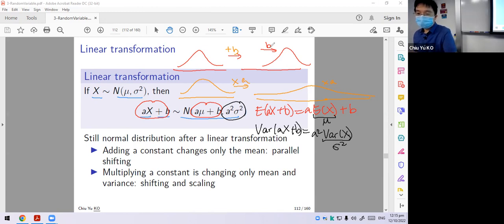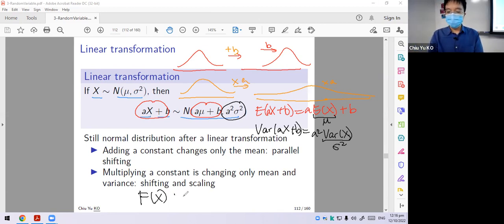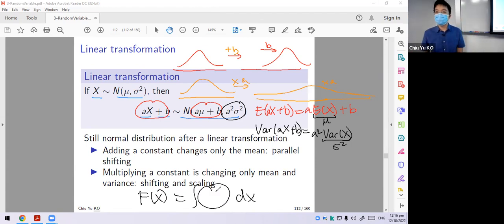And you may ask why this is important. The reason is that this simplifies a lot of calculation. The main reason we need that is because, remember, the F of x of the normal is a very complicated integration. And if you know math, you know this has no closed form solution.